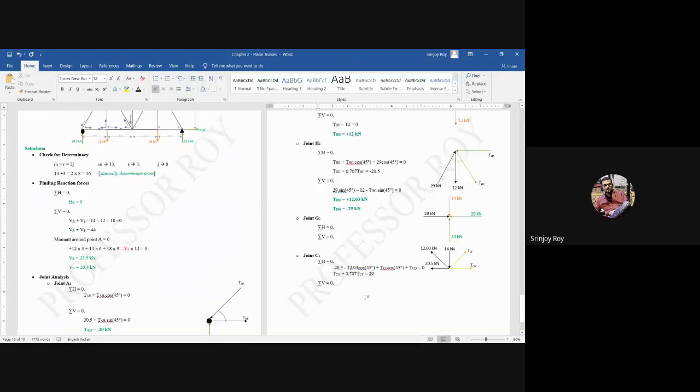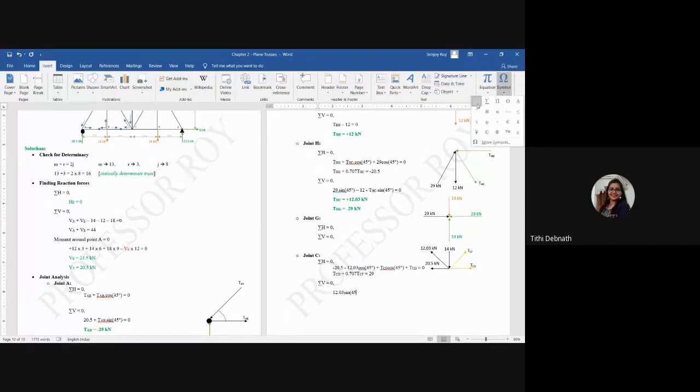What are the vertical forces arising over here? 12.03 sin 45, minus 14, one by one, okay? Everybody getting it? Plus TCF sin 45, isn't it? I hope now the components of the forces are known to all of you. How do you actually put the components of forces? Yes or no?